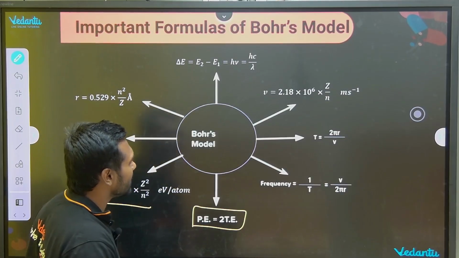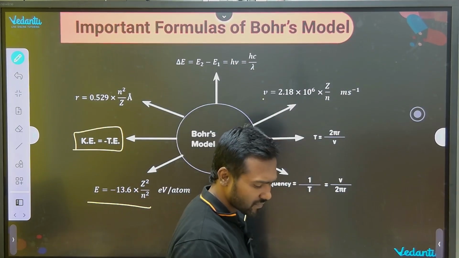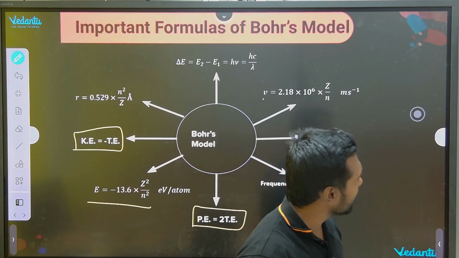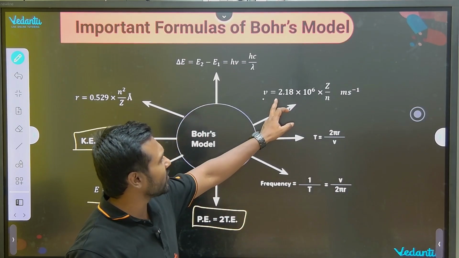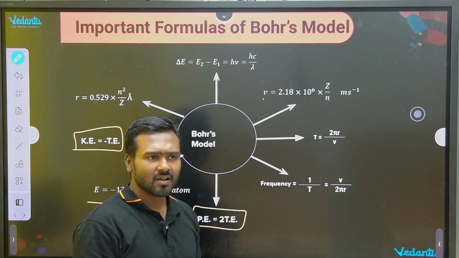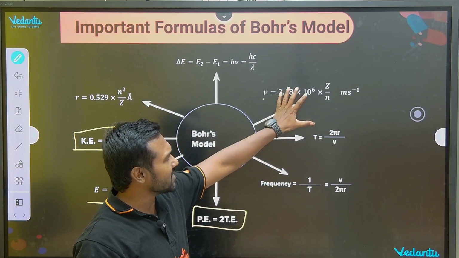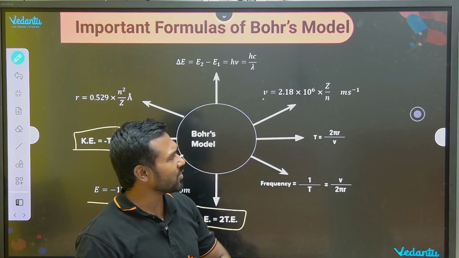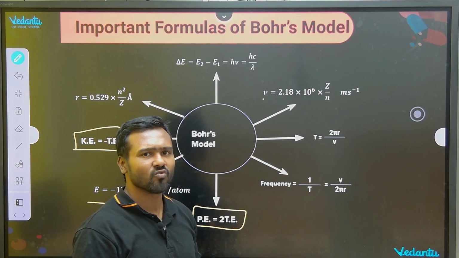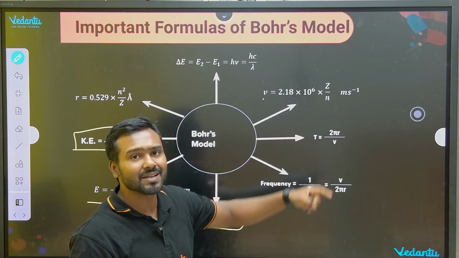Velocity of an electron revolving in a particular orbit is nothing but 2.18 into 10 to the power of 6 into z by n. Here the 2.18 into 10 to the power of 6 is a constant value, and considering hydrogen, z is 1. Then this velocity is inversely proportional to the orbit number.